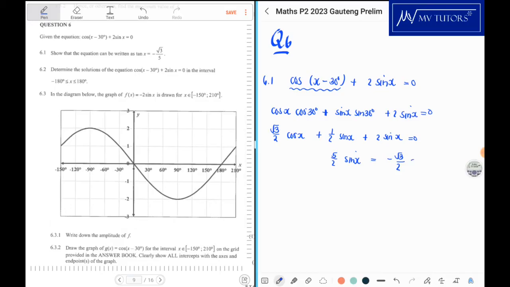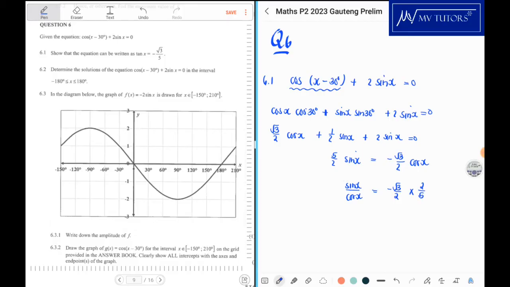over 2 cos x. Then I'm going to divide both sides by cos. So I will have sine x over cos x is equal to negative root 3 over 2. And I'm going to multiply it by this 5 over 2, I'm going to multiply it by 2 over 5.